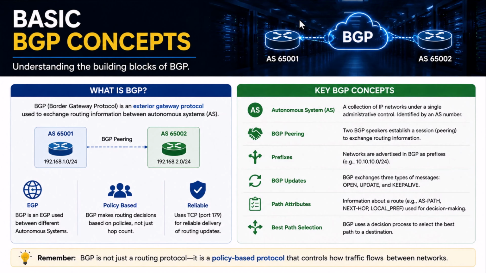BGP also advertises networks as prefixes. For example, 10.10.10.0/24. And instead of making decisions based only on something simple like hop count, BGP uses different path attributes. Those attributes give us a lot of control over route selection.